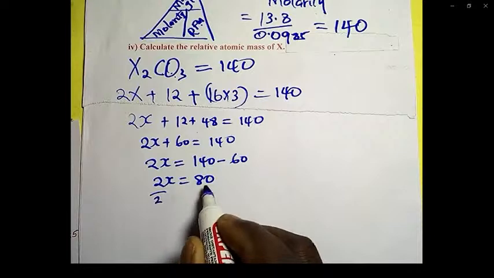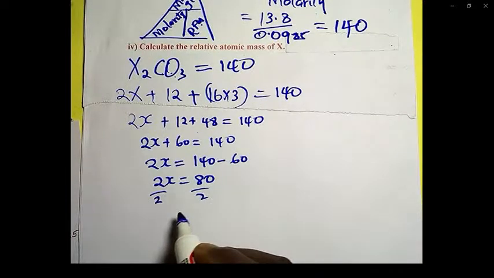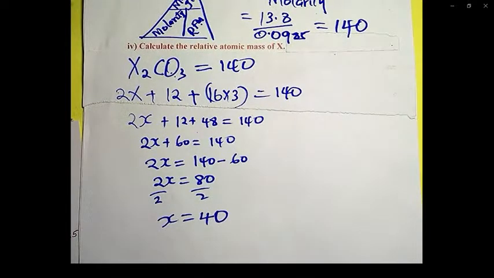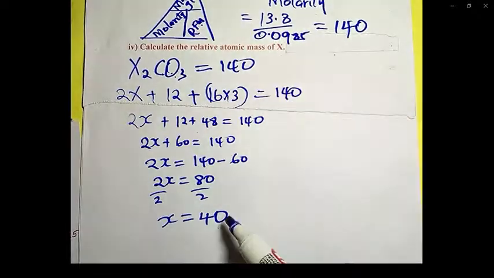So divided by 2, X equal to 40. So the relative atomic mass of X is 40.